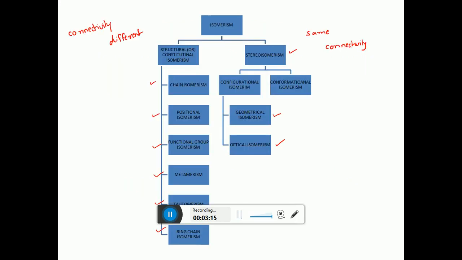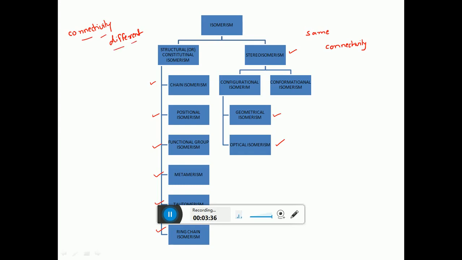Next, classification of isomerism. Isomers are classified into two types. One is structural isomerism, the second one is stereoisomerism. So what is structural isomerism? Structural isomers have different connectivity.